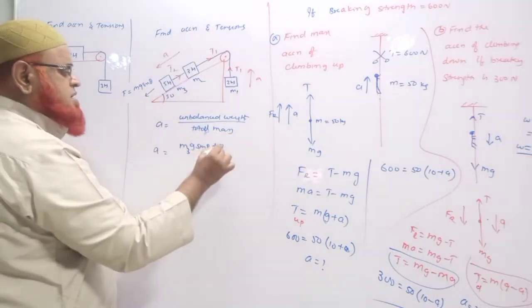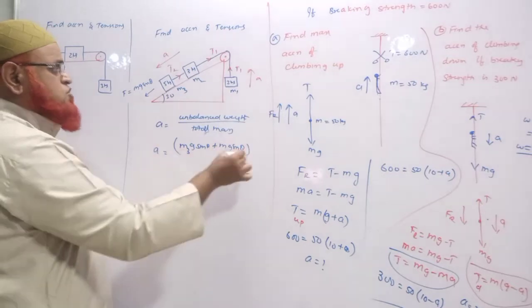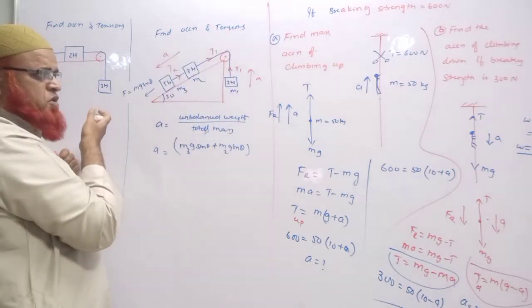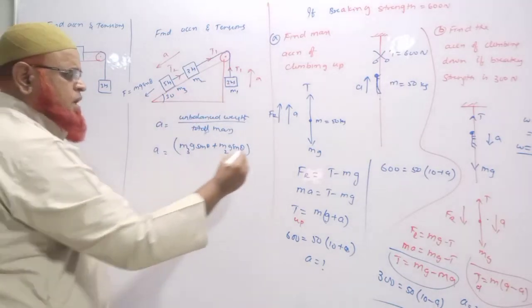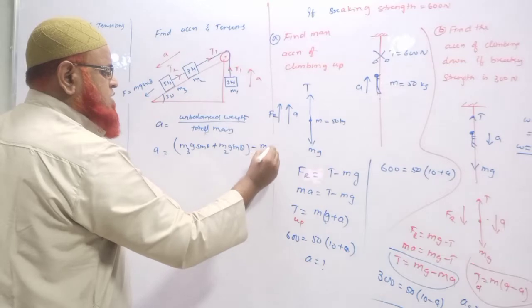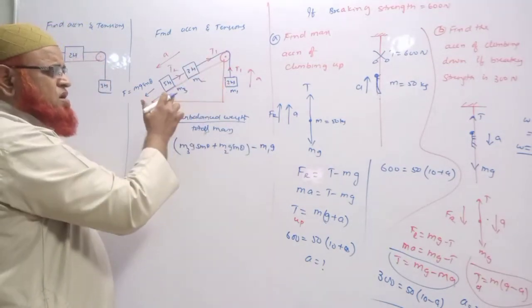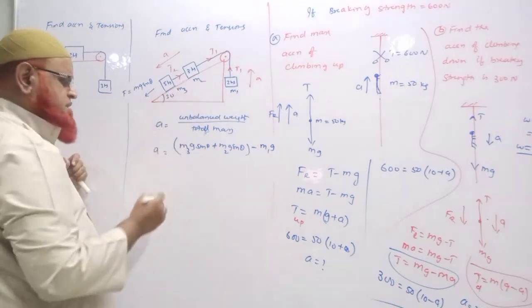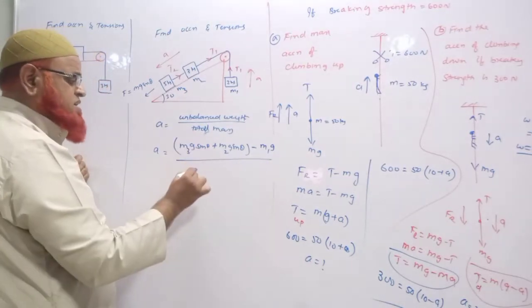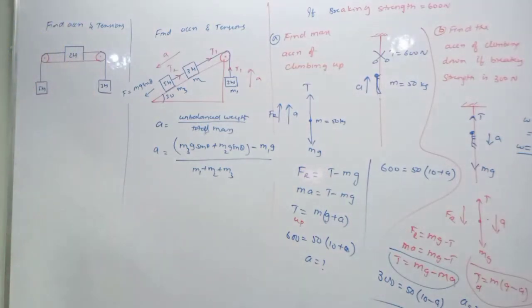In this direction again, m2 g sin theta. So these two are moving in this direction, so I will take it as positive. This is moving upwards because it is the lesser one, minus m1 into g, that's it, because m1g is acting downwards, there is no angle here. Divided by total mass, m1 plus m2 plus m3. You can find out.